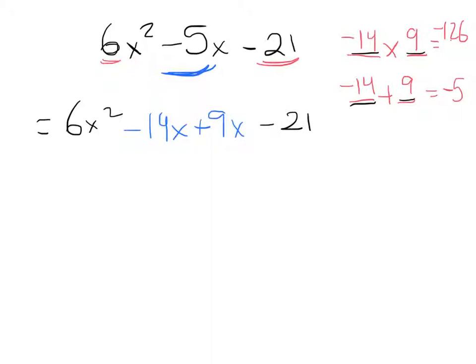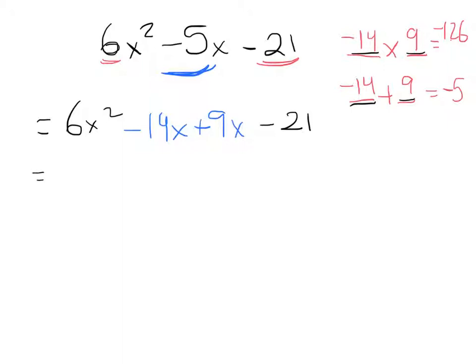It doesn't really matter what order you put the 14 and the 9. We could have written positive 9x minus 14x, but it is important that the 14 has the negative, because that's the only way you're actually going to get negative 5 when you add the two together.